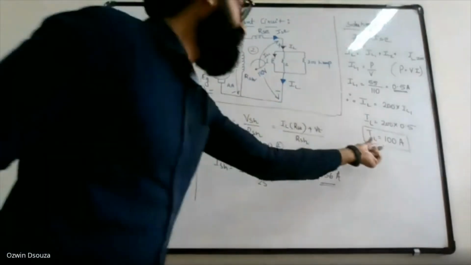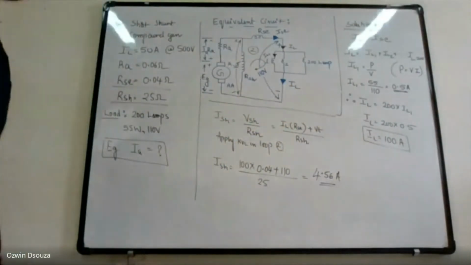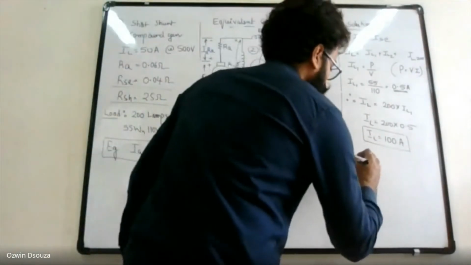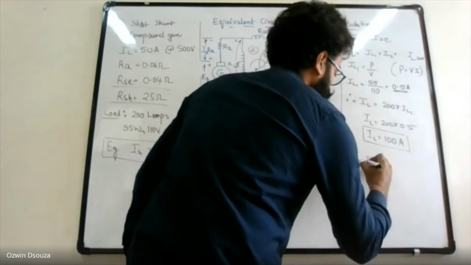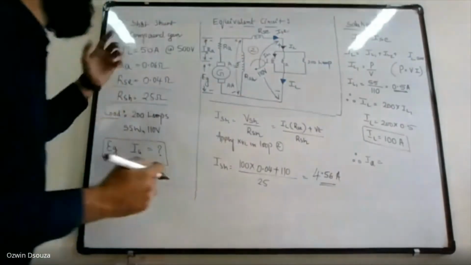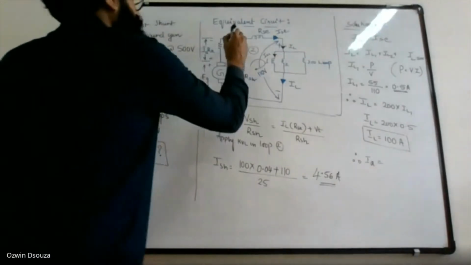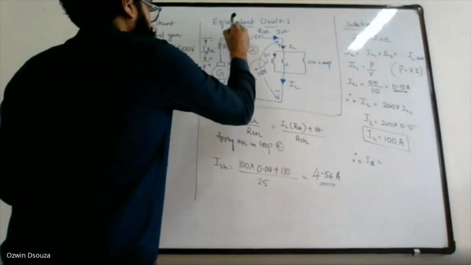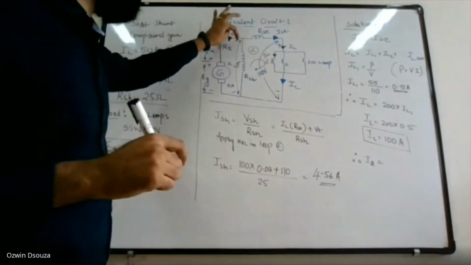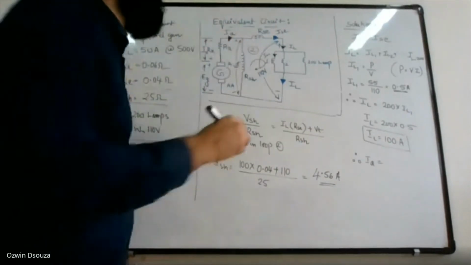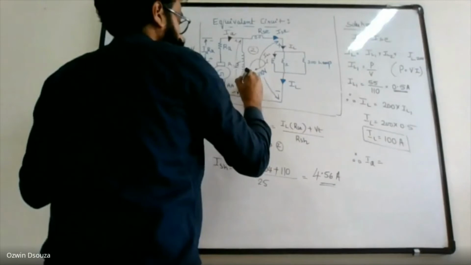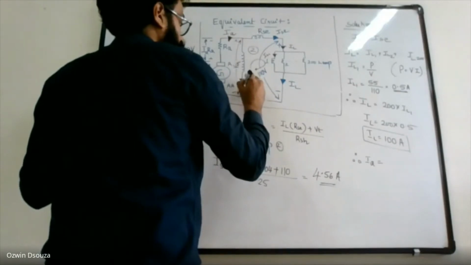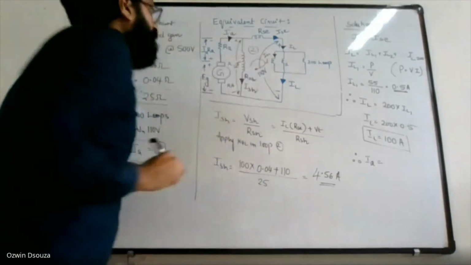So IL is known, ISH is known. Therefore, you can find IA, that is this current. IA is equal to ISH plus IL.